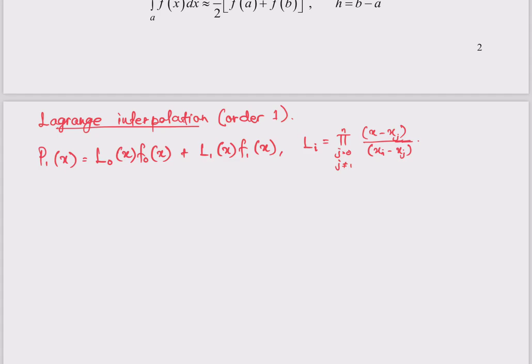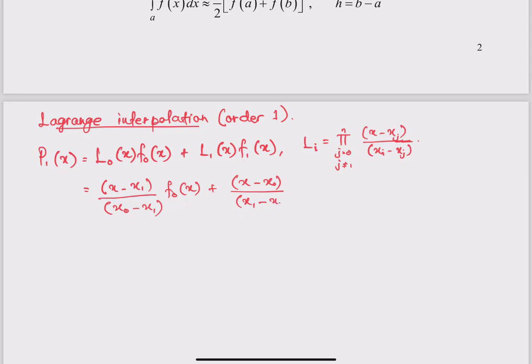If you just substitute using all the formula, what you will get is (x minus x1) divided by (x0 minus x1) times F0(x) plus (x minus x0) divided by (x1 minus x0) multiplied by f1(x).